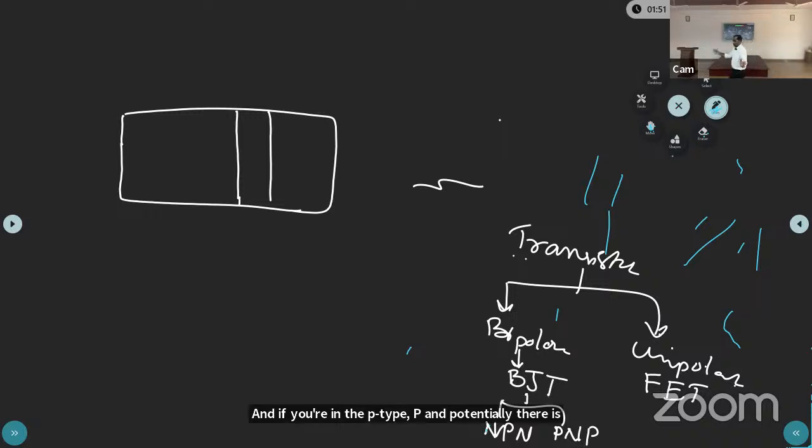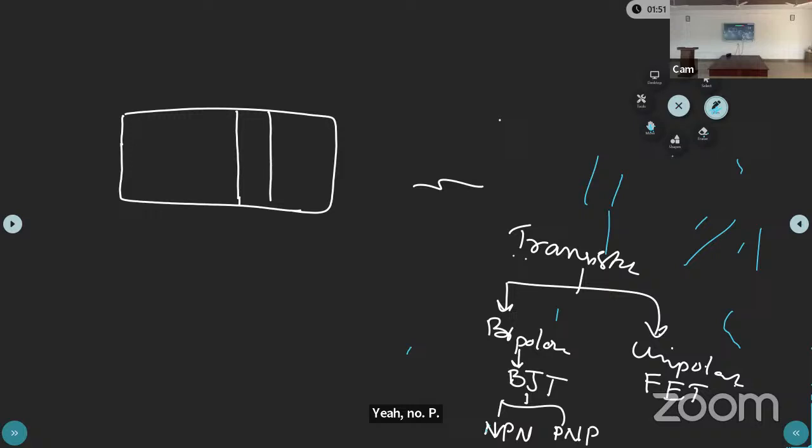Now, how is the transistor constructed? Take the NPN transistor: between N and N, P is in the middle. That is the NPN.